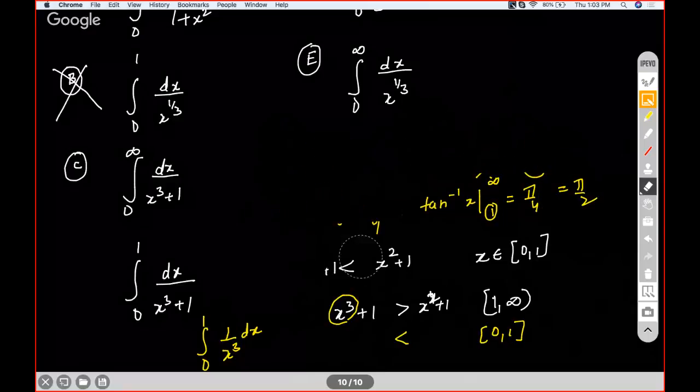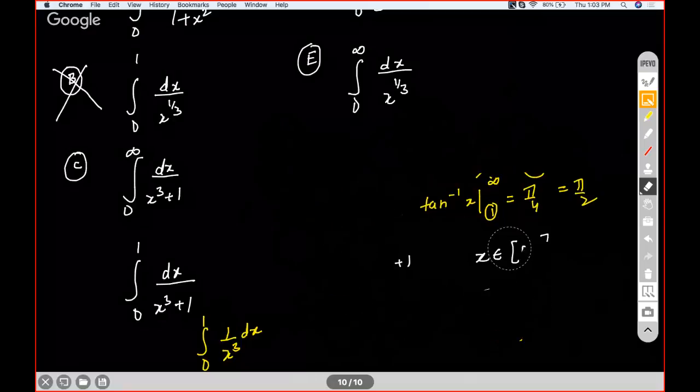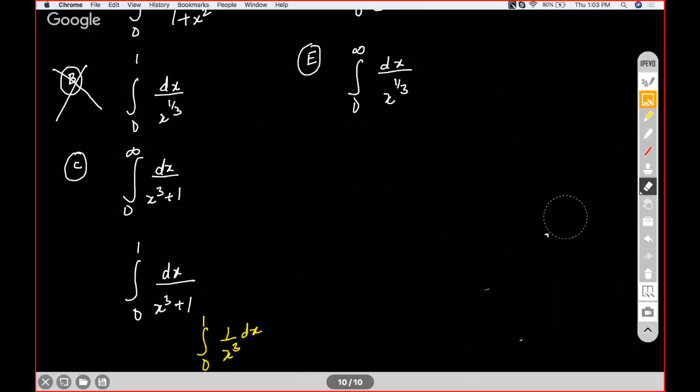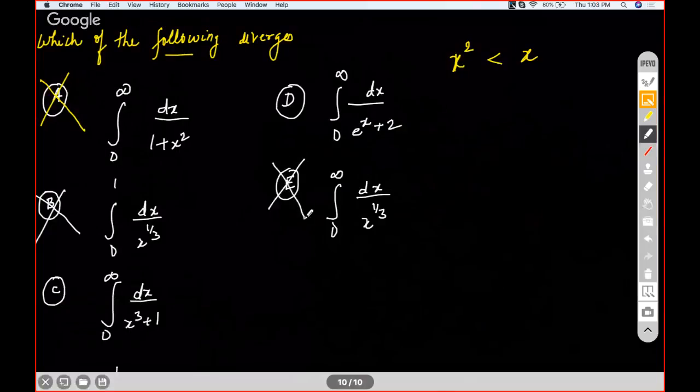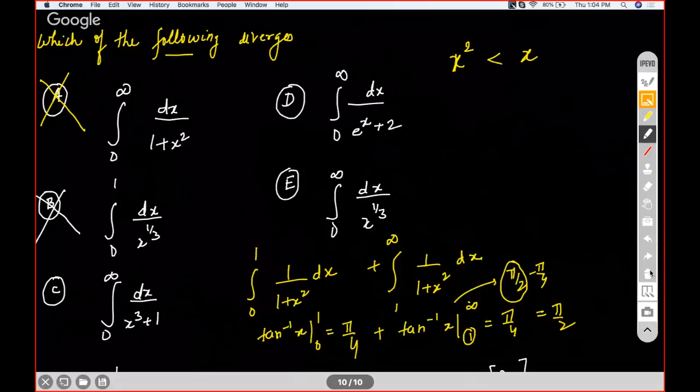Can I erase this part? So E can also not be the answer, correct? Will it be? Oh, once again, E can be an answer, right? It goes 0 to infinity. You cannot claim that.